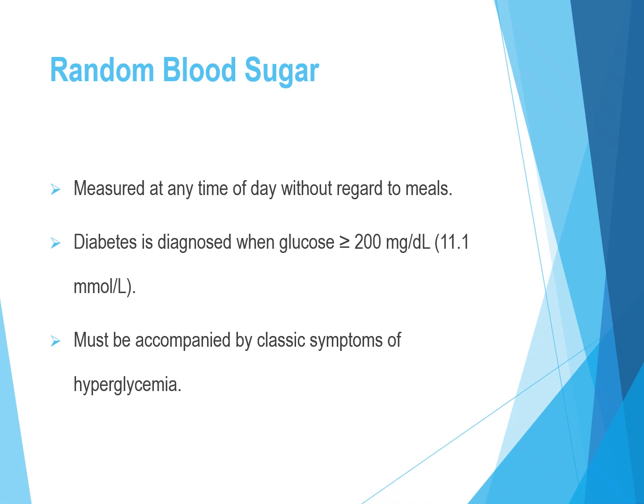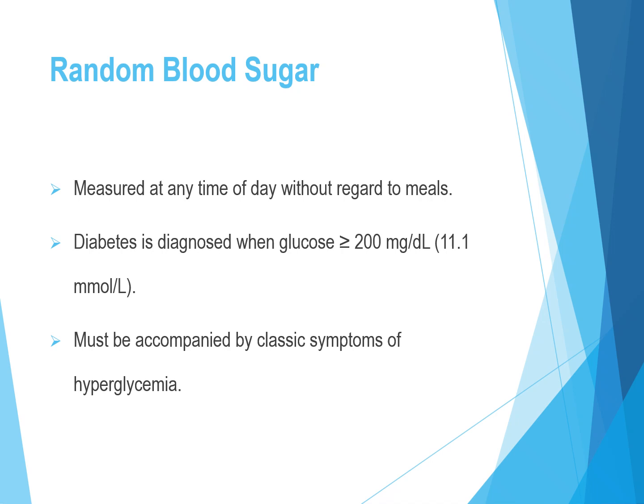From a laboratory perspective, attention must be paid to sample collection, handling, and timely analysis. Delays, hemolysis, or improper storage can affect plasma glucose readings and potentially mislead the clinician.